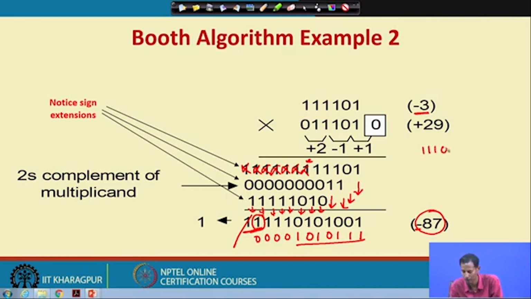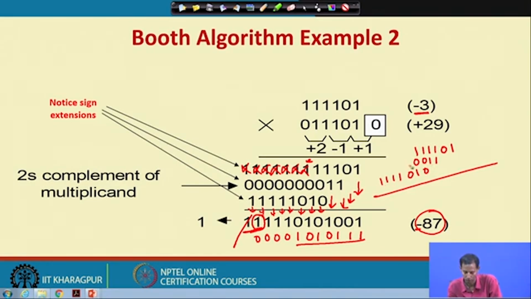happen? 0 1, okay. For this case this is 1 1 0 0, and for this case what is that? That means value is 0 1, 0, 1 1 1 1, okay.